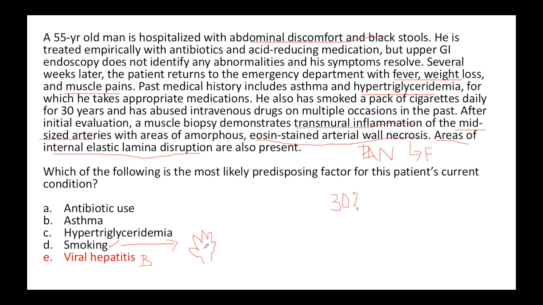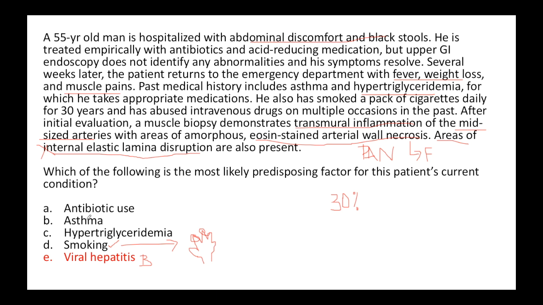So you'd be concerned with claudication and ulceration of your fingers and toes, or limbs, and it will spare the vessel wall, so the internal elastic lamina would not be disrupted for Buerger's.